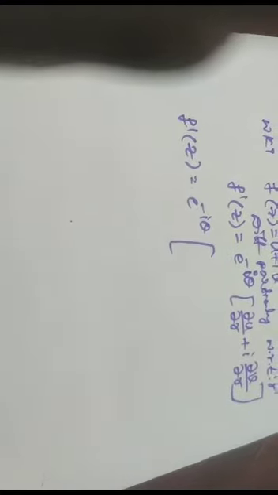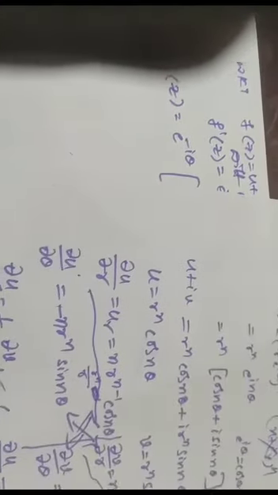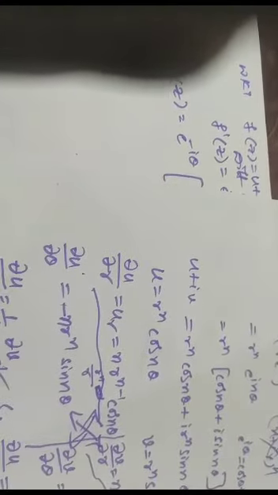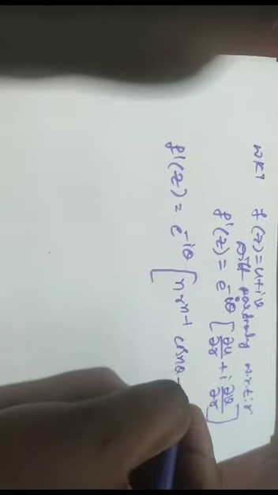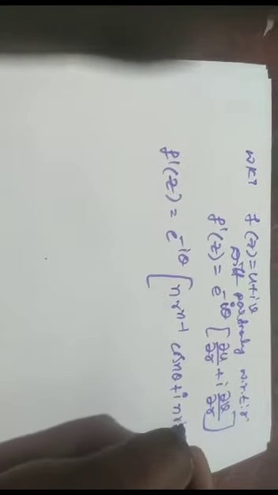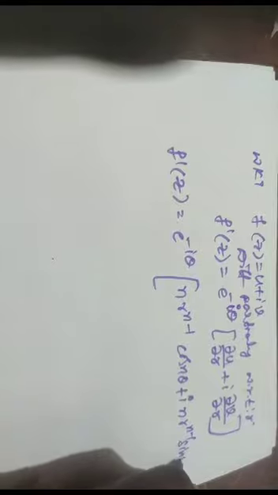Write f dash of z equal to e power minus i theta into dou u by dou r, which is n into r power n minus 1 cos n theta, plus i into dou v by dou r, which is n into r power n minus 1 sin n theta.